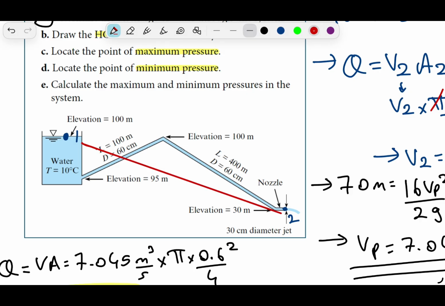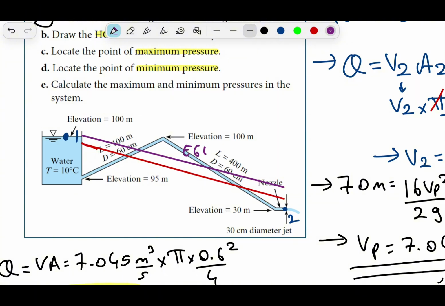This means the hydraulic grade line will decrease throughout the system. So we can draw something like this. And the difference between these two is V2 square over 2g. This is going to be energy grade line, and this is hydraulic grade line.